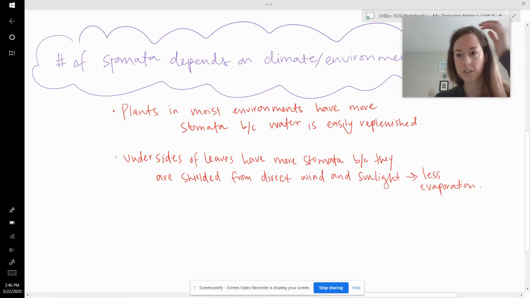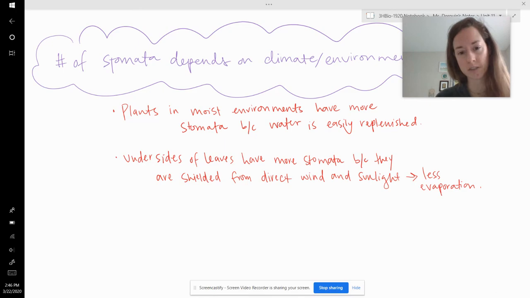So it's advantageous for the plant to have the stomata on the underside of the leaf because it can still gain as much carbon dioxide as it could if it was on the top, but lose less water.